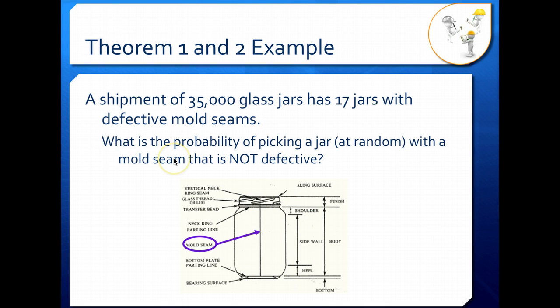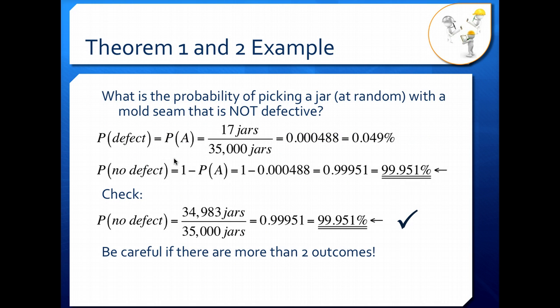So we want to figure out what the probability is of picking a jar at random out of that shipment that has a mold seam that is not defective. Alright, so we're given information about the number of defective jars, but we're not given any number of non-defective jars. That's where we use probability theorems 1 and 2.